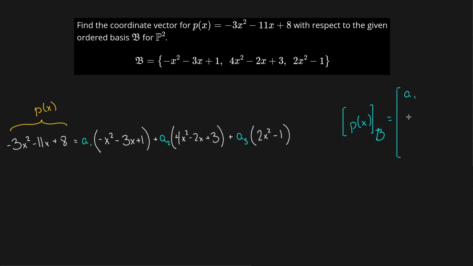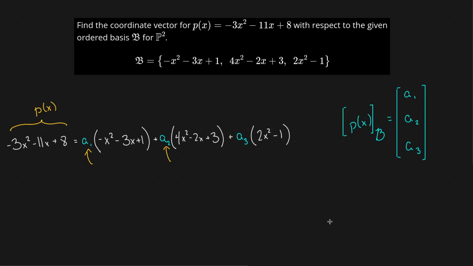Because I know basis B is a basis, I know there's only one possible choice for these coefficients. If basis B wasn't a basis, if these vectors weren't linearly independent, then there may be more than one choice for these coefficients. But these vectors are linearly independent. Basis B is a basis. So there's only one choice for these.